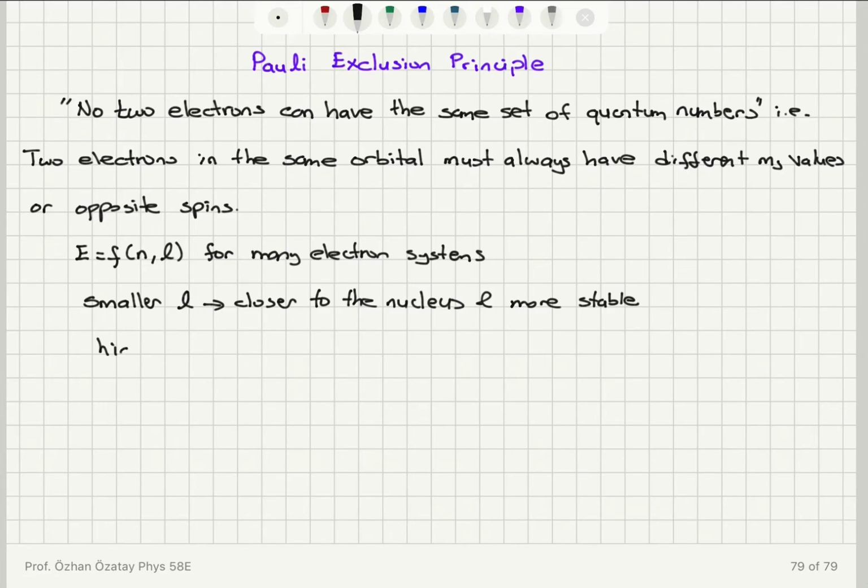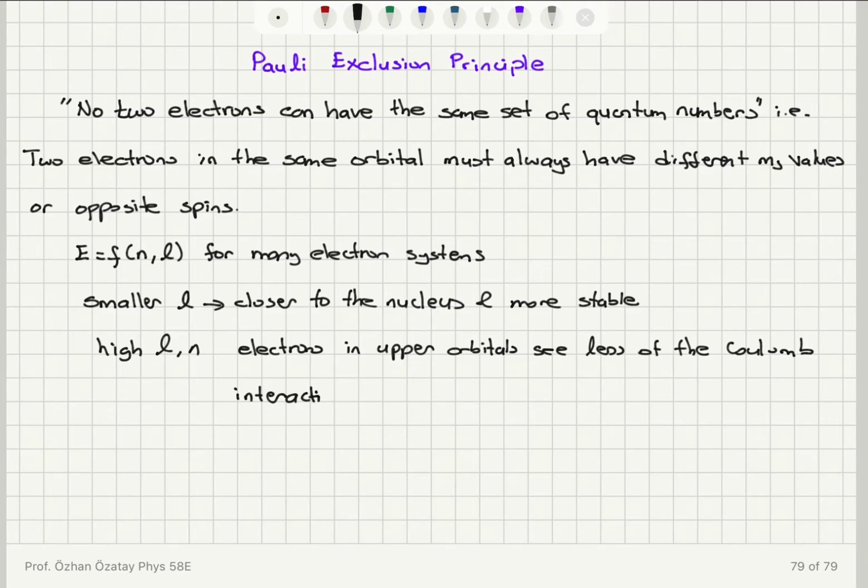If we have a high l and n, electrons in the upper orbitals basically see less of the Coulomb interaction with the nucleus due to shielding of inner electrons.